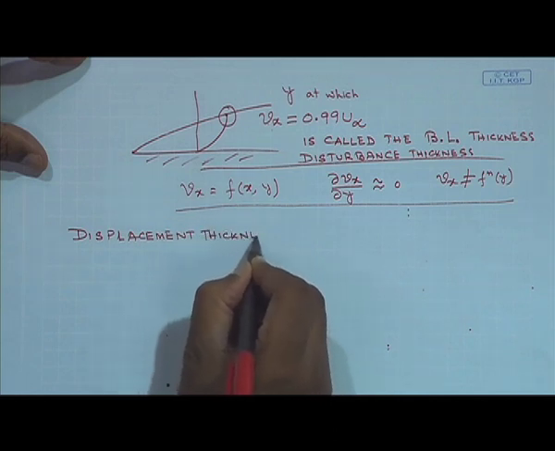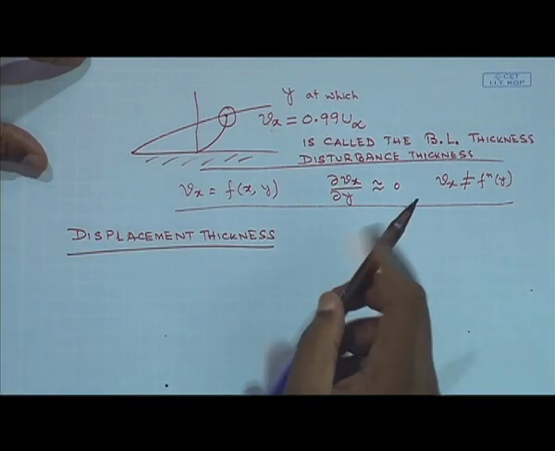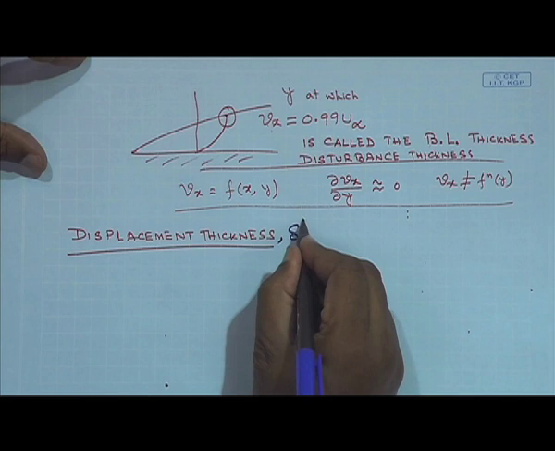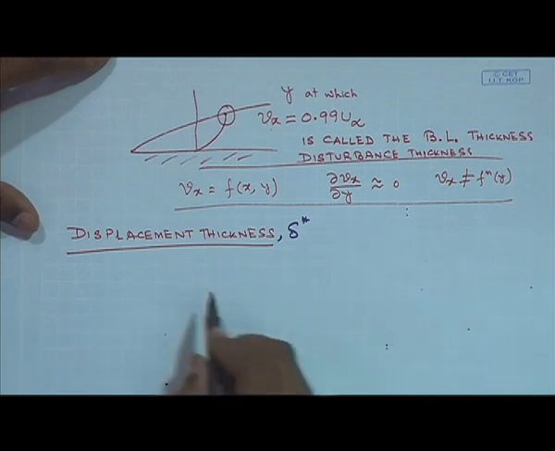So what is displacement thickness? That's what we are going to find next, and it's generally denoted by the symbol del star. Okay, so we would see what it is.